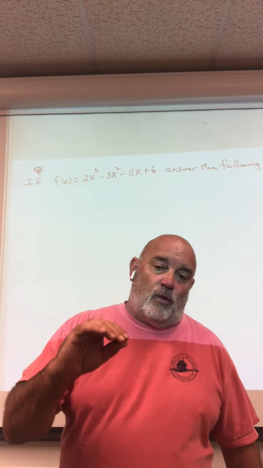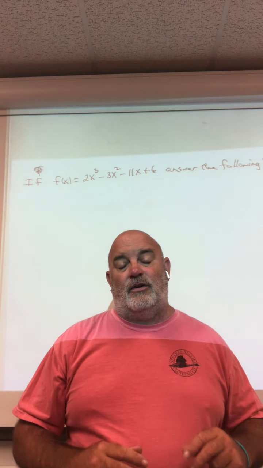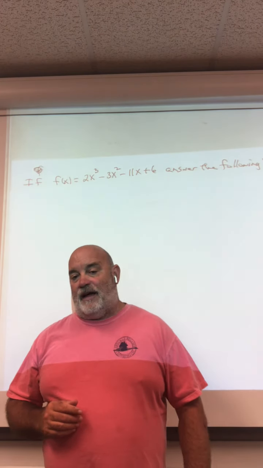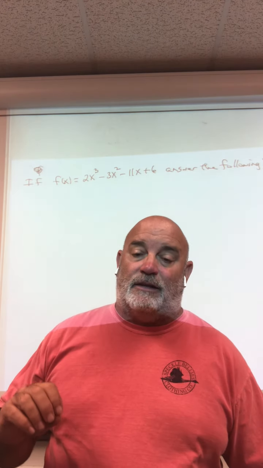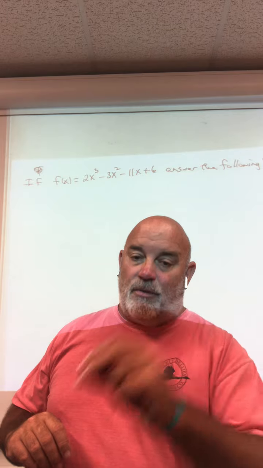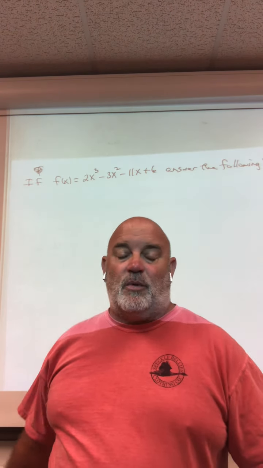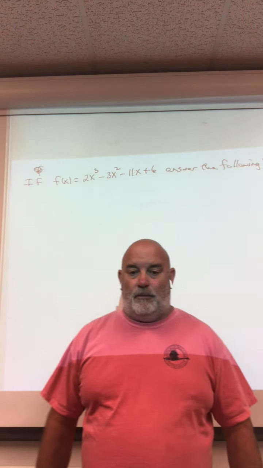Once I find one that works, I can take the answer and find the other 2 linear factors. And then after I find the linear factors, I can get the zeros and make that big XY chart like we did in the last problem.